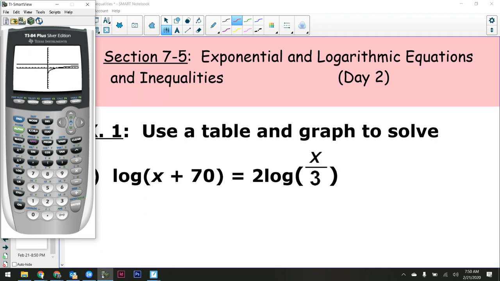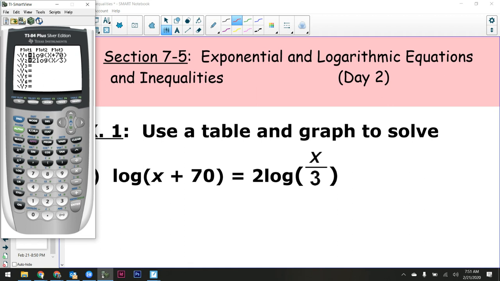Now, all right, it looks like I just have a horizontal line, but I know better, right? I've got two logarithms.